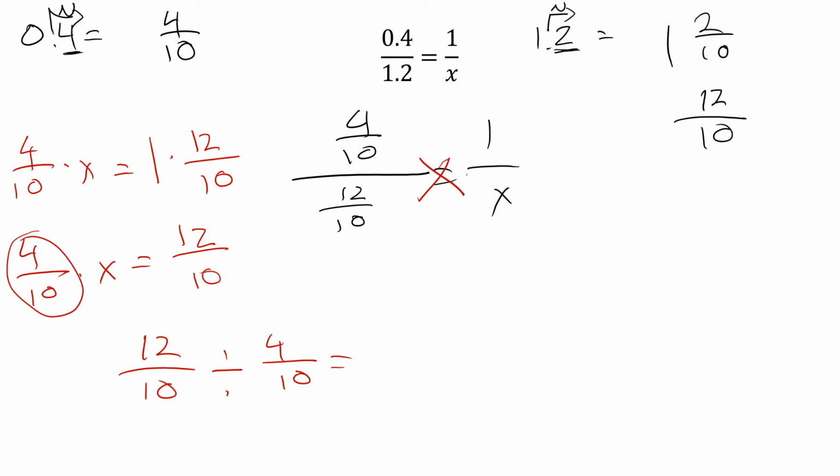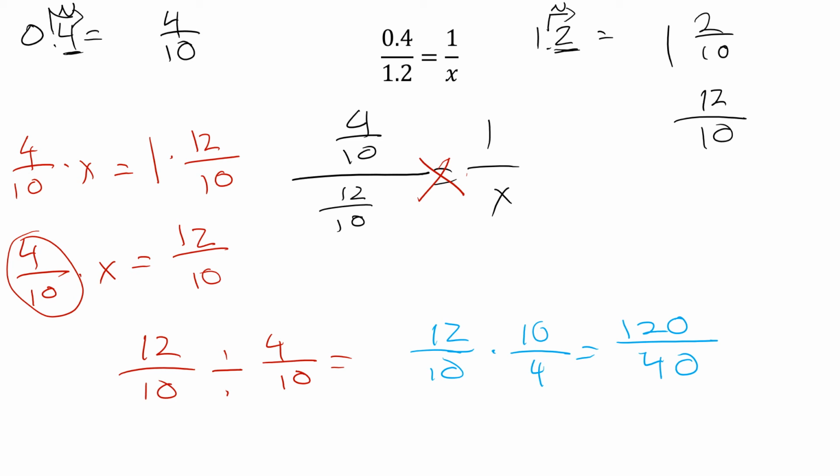And this is where we'll do our copy dot flop. 12 over 10 times 10 over 4. Well, 12 times 10 is 120. 4 times 10 is 40. So we have an improper fraction here. We can reduce this and get a whole number.